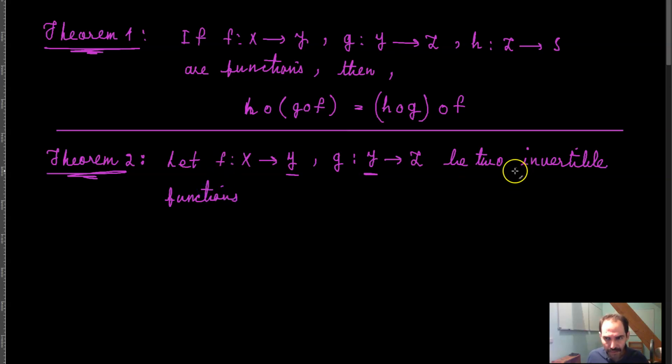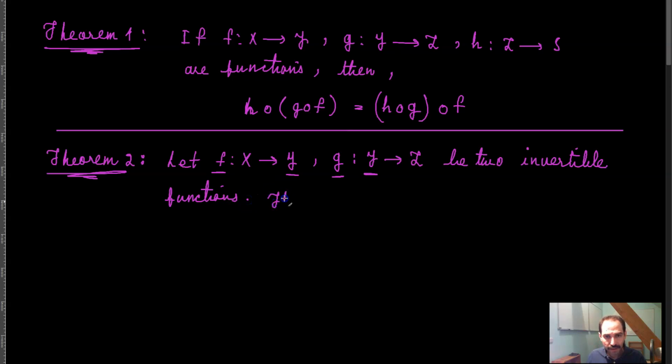If these two are invertible functions, what that means is that f is a bijective function, it's 1-1 and onto, and g is also a bijective function, 1-1 and onto, and so both are invertible, right? Then g of f is also invertible, and of course in the same example, we showed that GOF was also invertible, and we did also find the inverse of GOF as well.